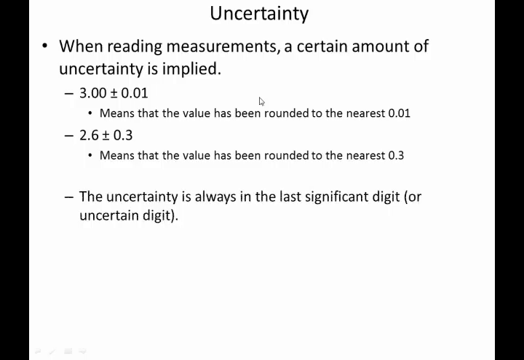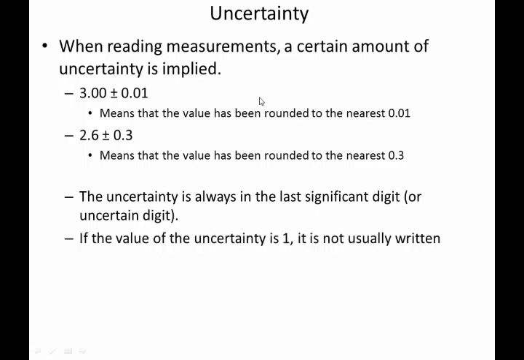Uncertainty is always in the last digit. So the last digit in any number has always been estimated. So you know that if you see this plus or minus, this give or take, the place where the uncertainty is going to be is the last written digit. We write them all the way out to the uncertain digit. So you know, without even looking at this part, that the uncertainty, that plus or minus, is going to be in this last digit. Same here.